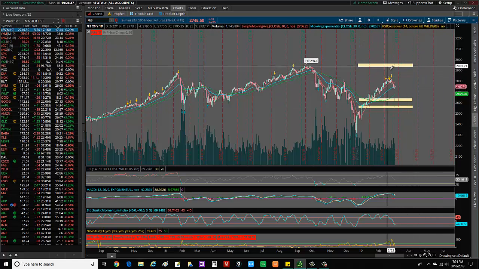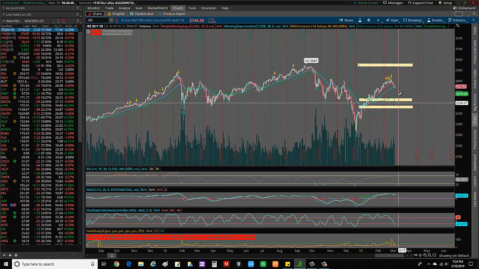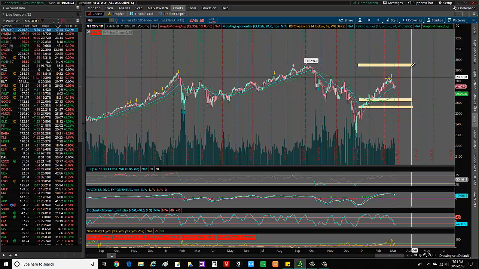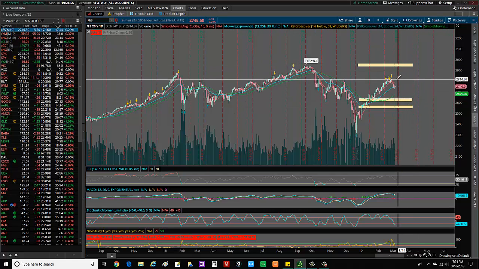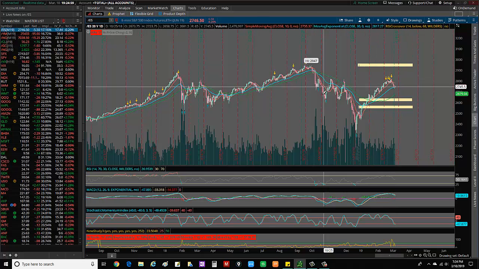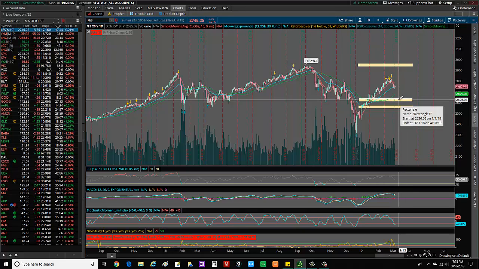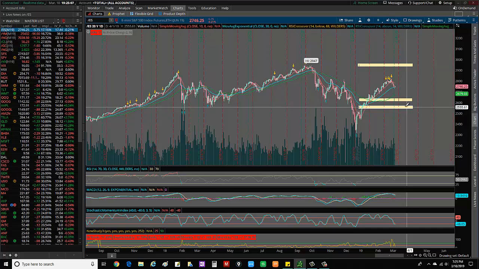So we can see here that we've got a pretty wide range. In fact, if I was trading this market, I might think an iron condor would be a pretty nice trade, just because you do have this wide range, and it would not surprise me if we got back into some of this range bound movement. If it does go down, I think it may find some brief support here, and then ultimately it may end up finding support right here.